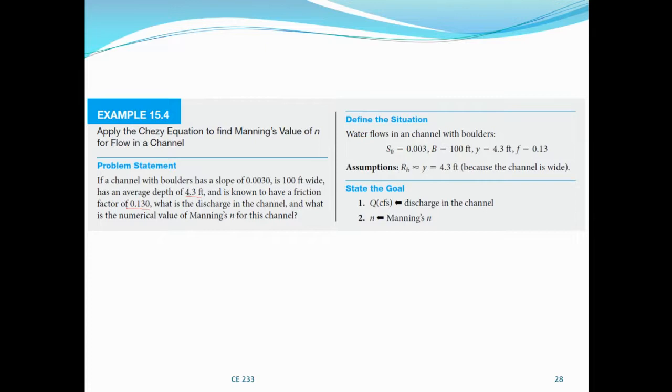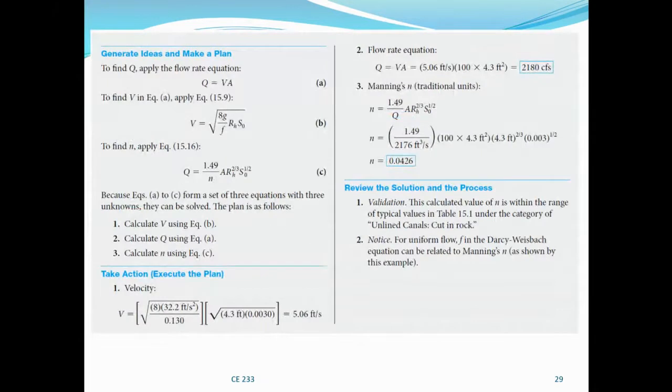We determined the friction factor in the previous example. Now, what is the discharge in the channel, and what is the numerical value of Manning's n for this channel? So we want the discharge and Manning's n. S naught is given, B, Y, and F. Because it is a wide channel, R is approximately equal to Y.